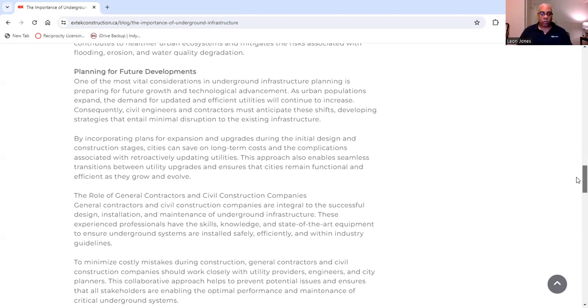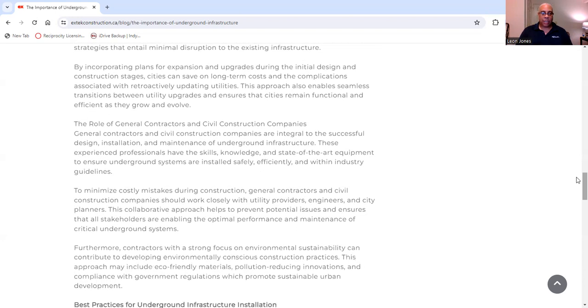The role of general contractors and civil construction companies is integral to the success, design, installation, and maintenance of underground infrastructure. These experienced professionals have the skills, knowledge, and state of the art equipment to ensure underground systems are installed safely, efficiently, and within industry guidelines.